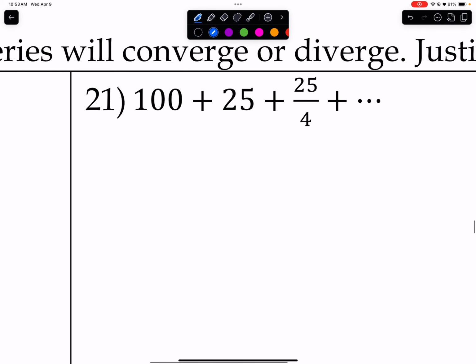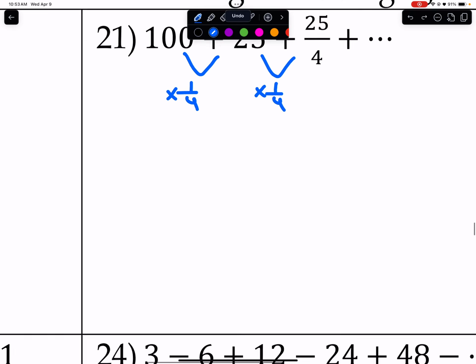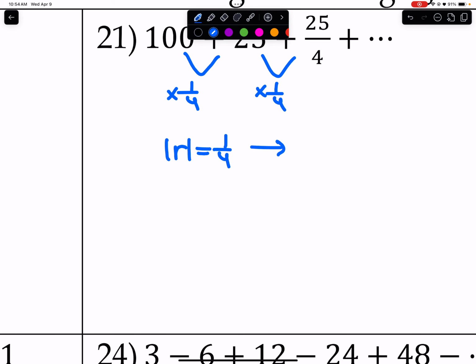Now looking at 21, I'm going from 100 to 25 to 25 fourths. Now this is times 1/4. And it is infinite, so infinite geometric. However, my R value is equal to 1/4, which in turn is less than 1.